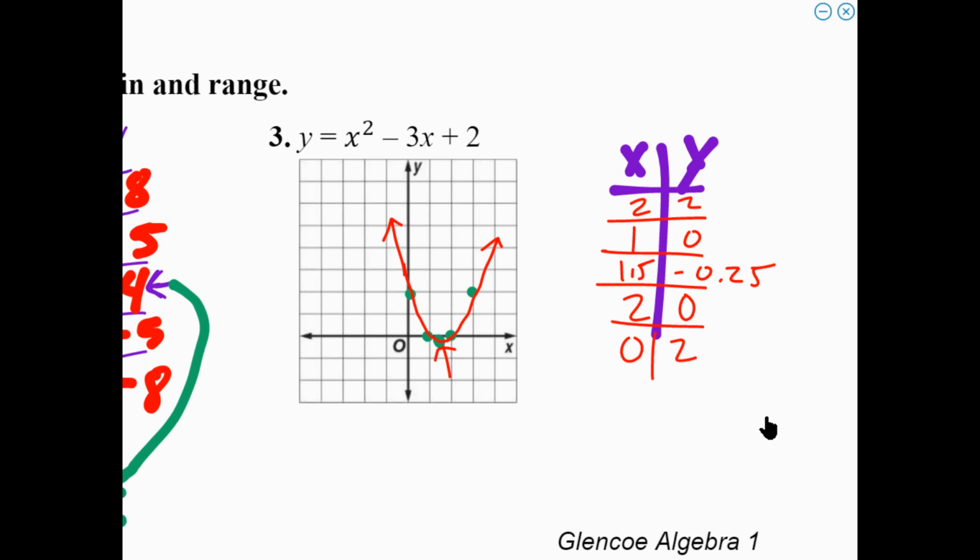I can't look at mine because it's hiding behind my thing here. Anyway, whatever those numbers were, I thought they were 2. They might be 4, but I think they're 2. It is 2. So my range for this would be y is greater than or equal to negative 0.25.